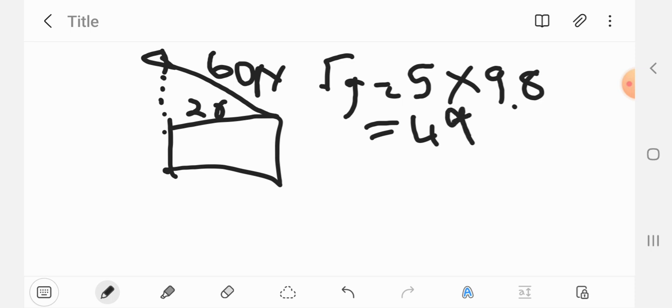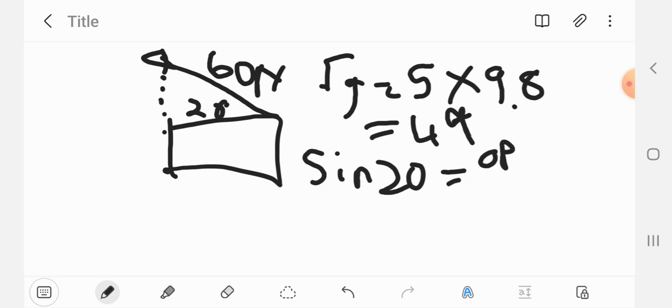After that 49, we're going to say sine 20 for this angle here, so sine 20 equals opposite over hypotenuse.